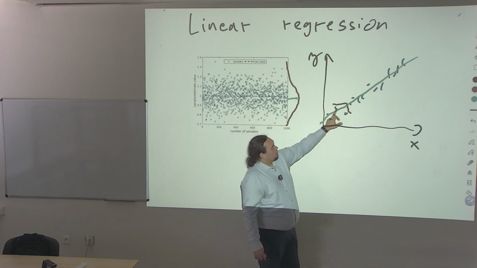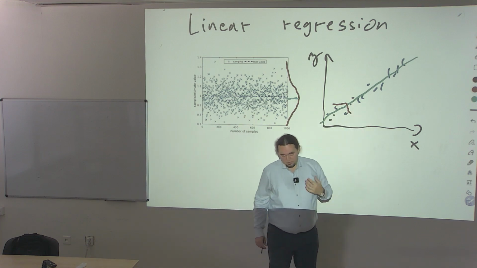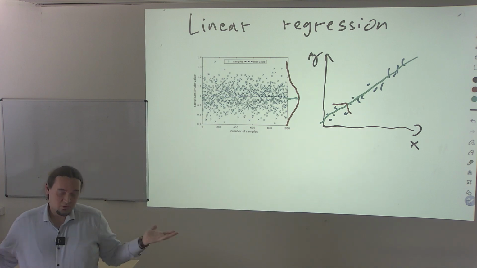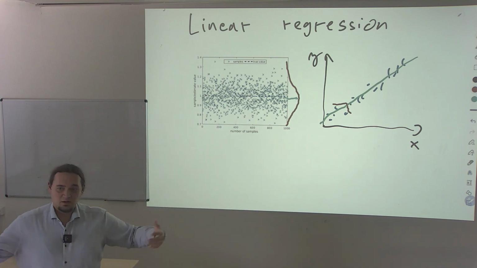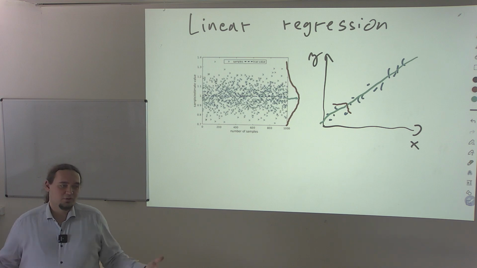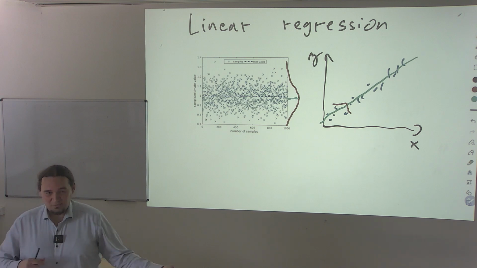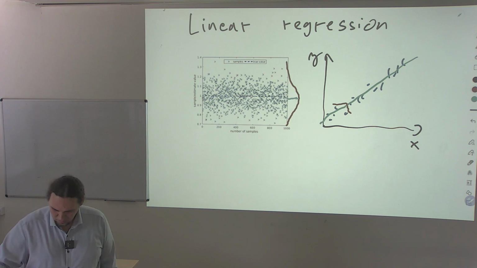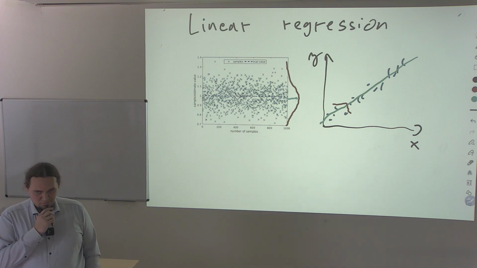We will take each of the measurements into account, and we will try to find the maximum likelihood estimate, and we already know that this maximum likelihood estimate is the same as least squares estimation. So far so good?